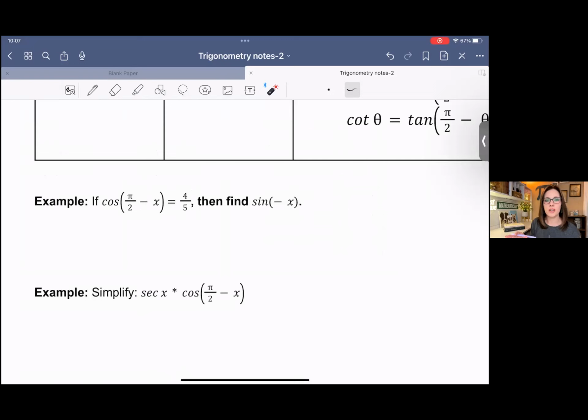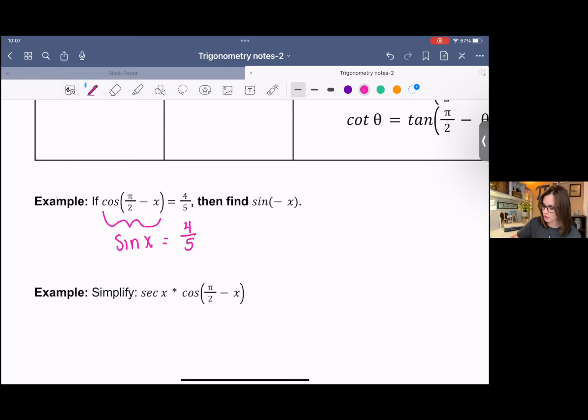It sounds harder than it is, but it's very straightforward, I promise you. So from the table above, I know that cosine of pi over 2 minus x is actually sine x in this case. I could have used theta, but I went with x. So sine of x, those are equal. So I can say sine x is 4/5.